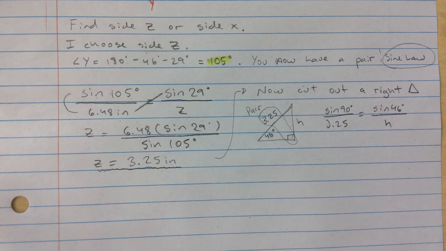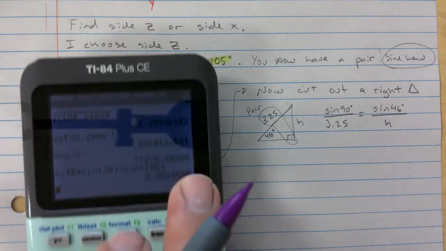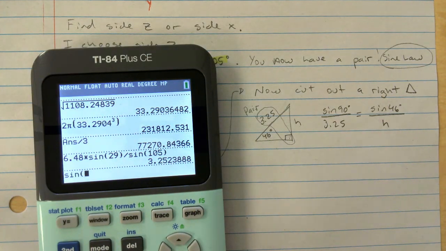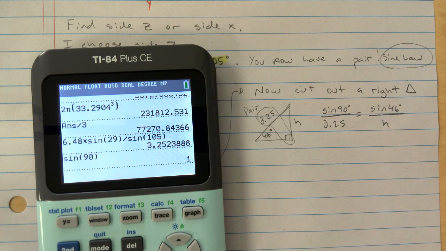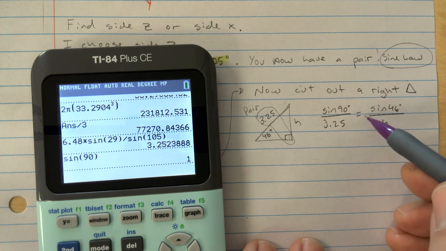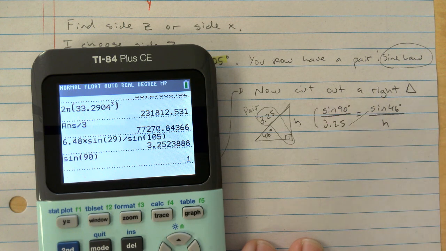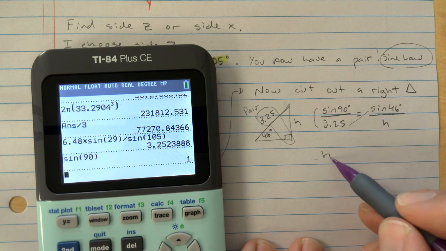And I'm just going to put it out there. Try it right now so it sticks. Sine of 90 is 1. It is 1. So sometimes when you type it in, you're going to be like, nothing changes. Why is nothing changing? Because sine of 90 is just 1. It's always 1. But I still have it there just so you get used to the cross multiplying and dividing.